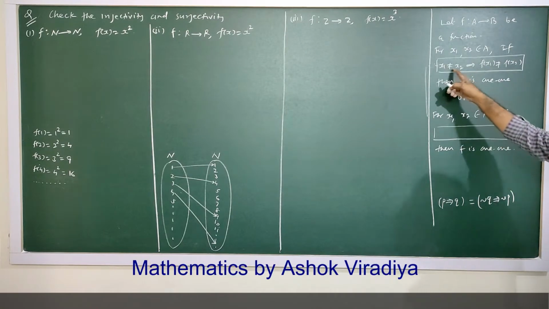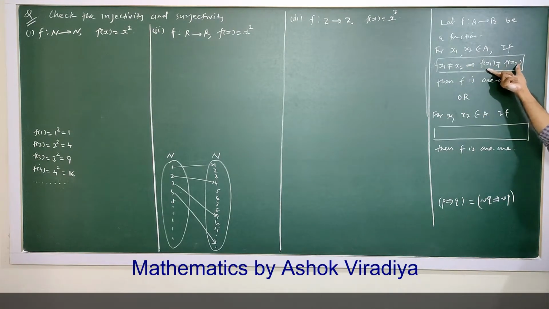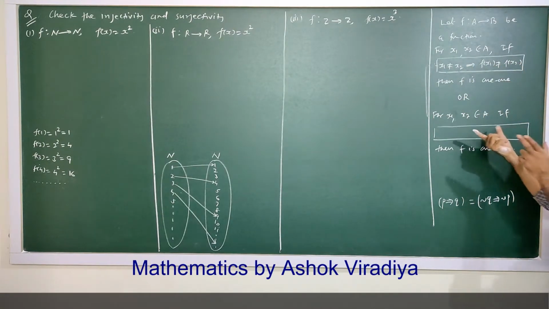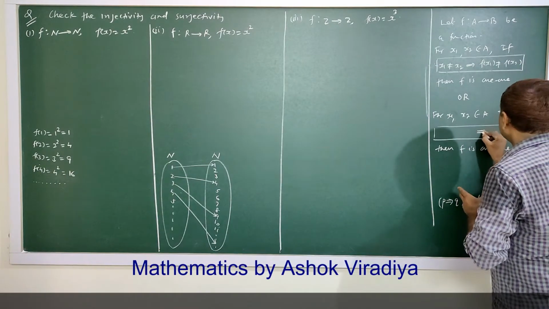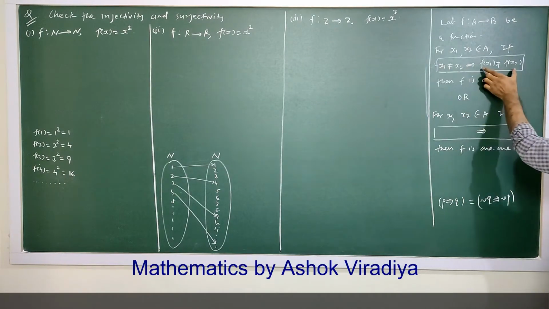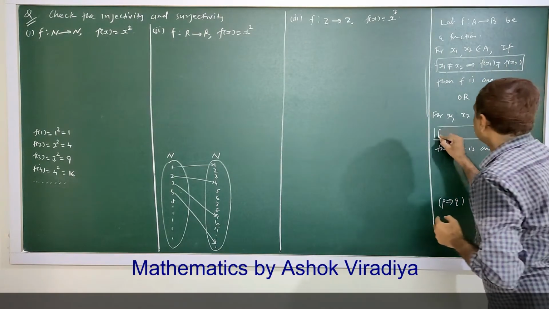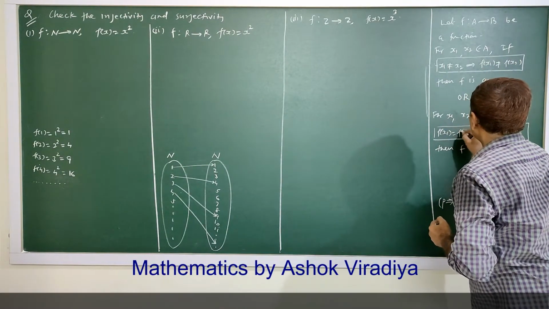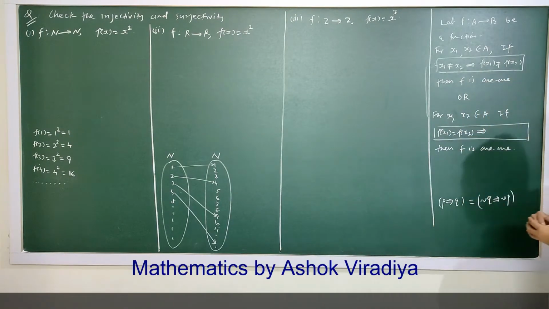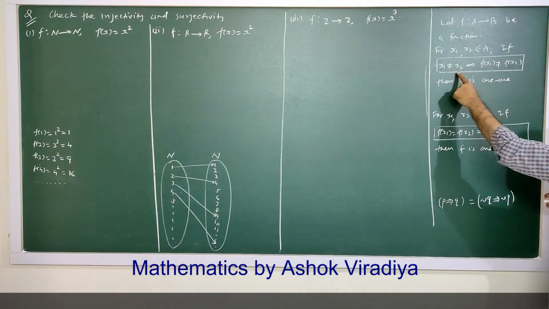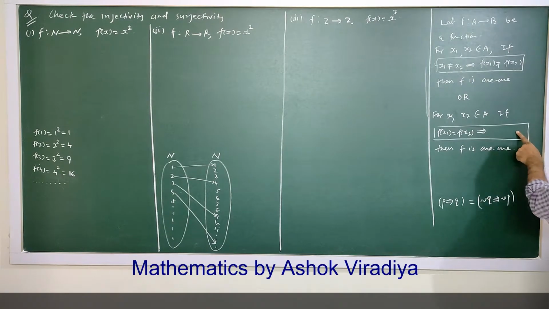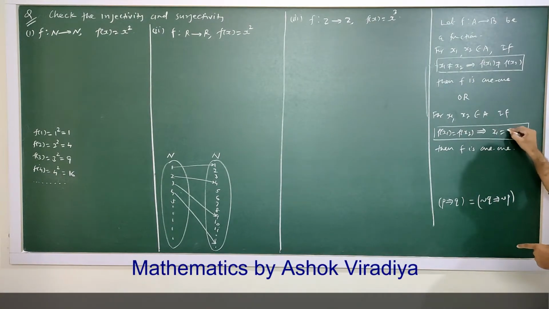So if this is P implies Q, now I am putting here not Q implies not P. If this is Q, then not Q is f(x1) equal to f(x2). This was P, so not P is x1 equal to x2.